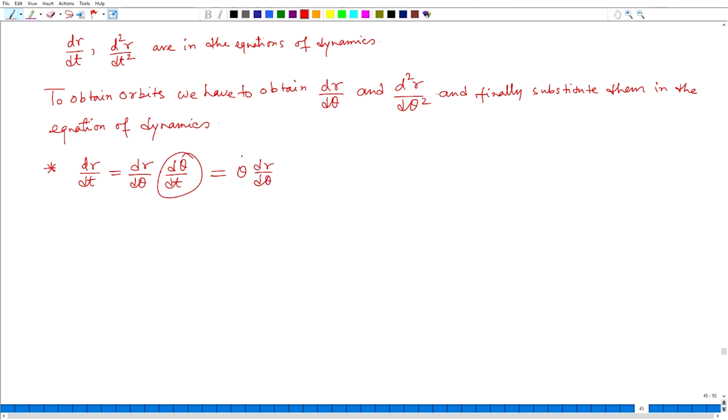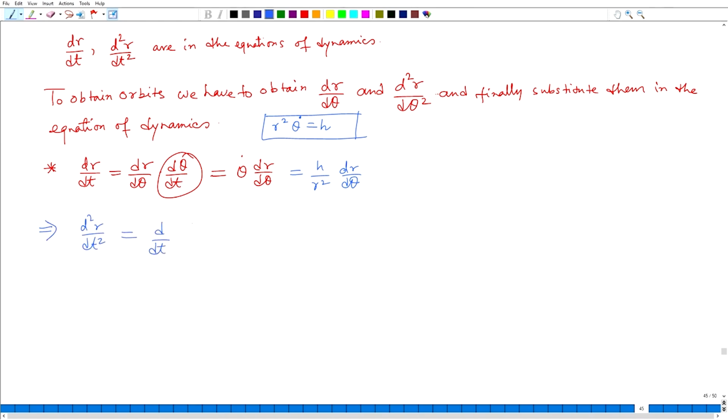And theta dot, we have the famous equation here which we will use always: r square theta dot is equal to h, which is constant. So, theta dot will be h by r square, and dr dt will be h by r square dr d theta. Okay.